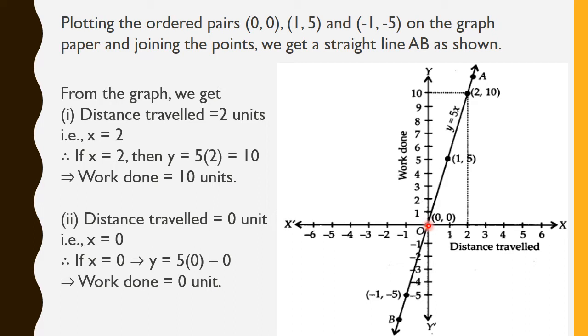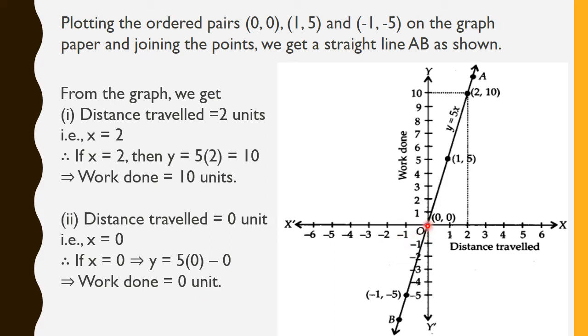From this particular point, we cannot drop a line because we are already on the line. So since the point x equals 0 is already on the line, we don't have to go anywhere else. We can see the value of y is 0. Therefore we can directly write work done will be 0.